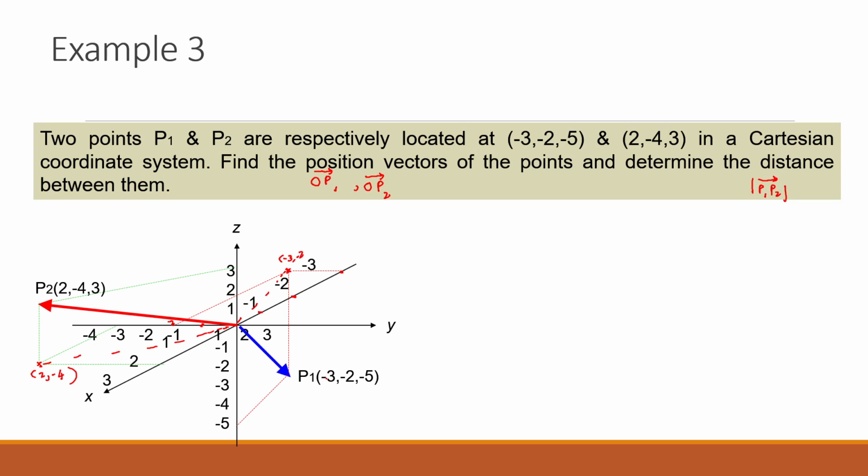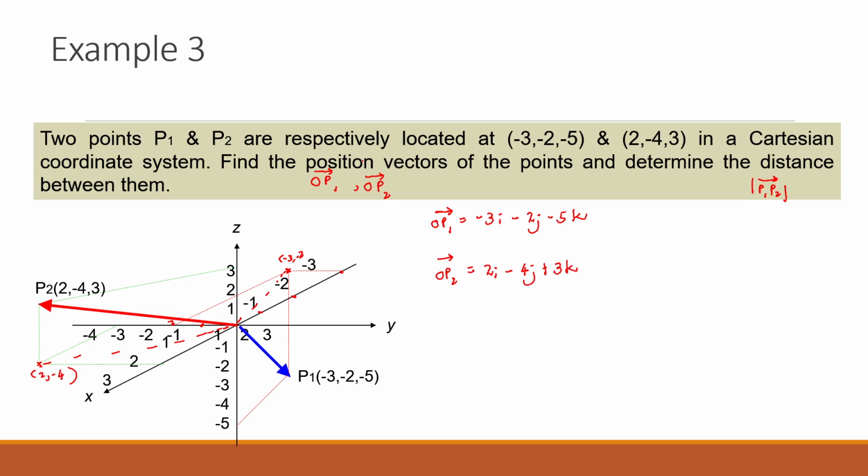P1's coordinate is -3, -2, -5, so the position vector OP1 will be -3i -2j -5k. And the position vector OP2, from the coordinate 2, -4, 3, will be 2i minus 4j plus 3k.